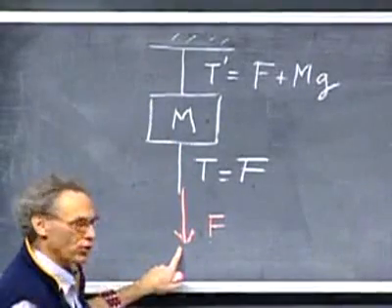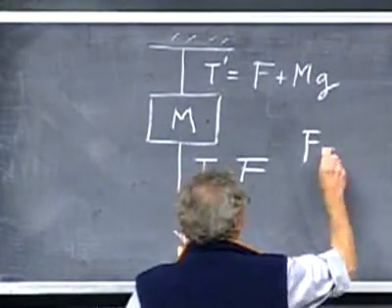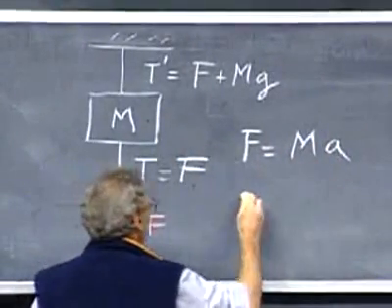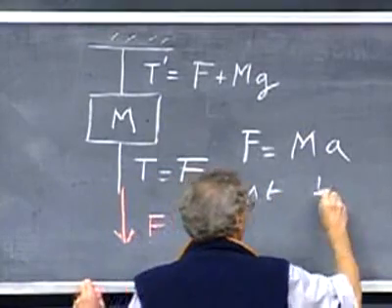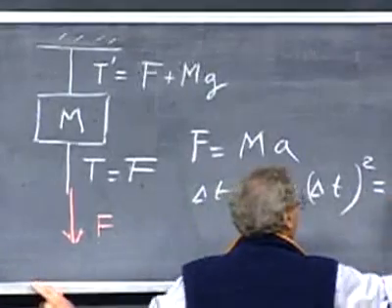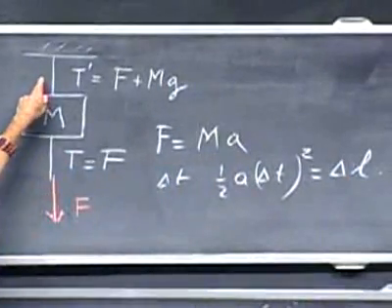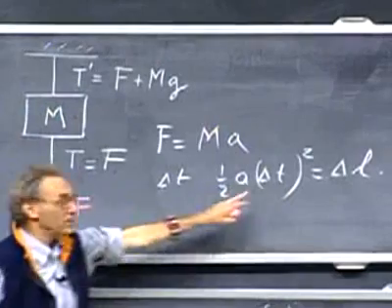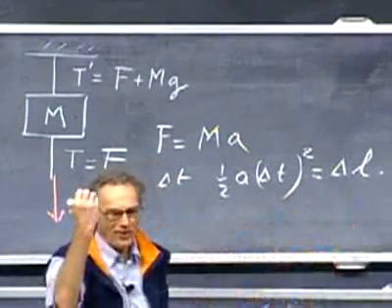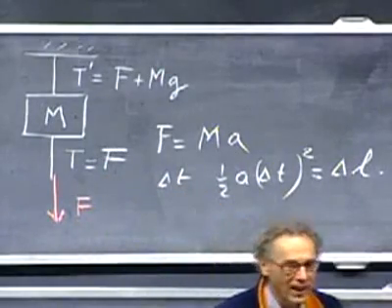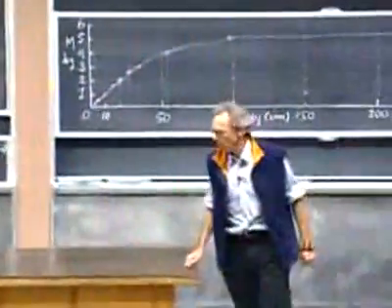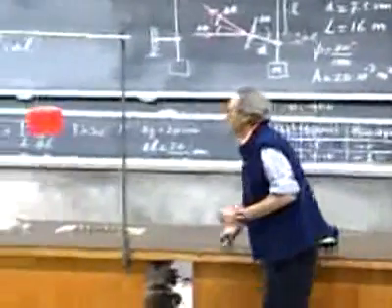Now, if I pull here with a certain force F, F equals ma, the block will come down with an acceleration a, and in a time delta t, it will move over a distance of order a delta t squared, which is that delta L that this string will feel. But that takes time to reach the delta L at which it wants to break. So if I pull very fast, I don't give it that time, and that's why the one at the bottom will break. And if I pull very slowly, the one at the top will break.